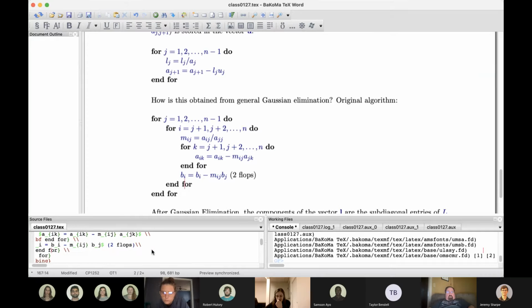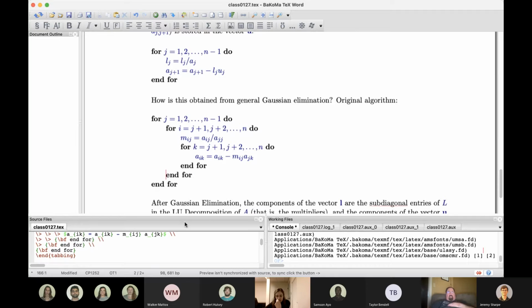Well, for one thing, this is Gaussian elimination that works in the augmented matrix. We don't really care about working with B at all, so I'm just going to get rid of this line right here. Okay, so now I want to adapt this to the tridiagonal case.